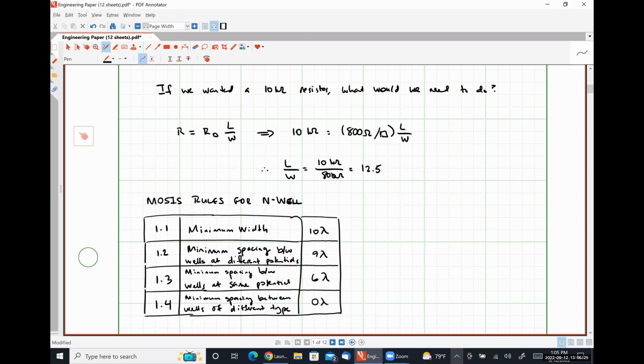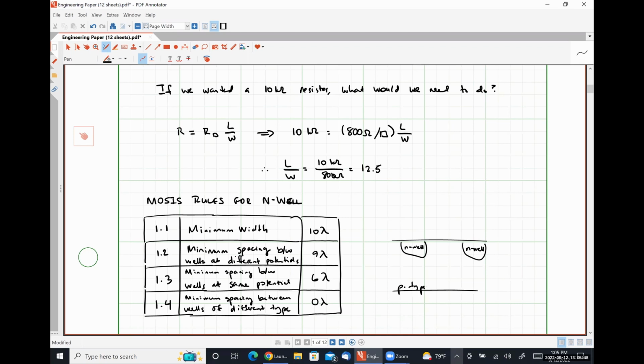All right, so why is the minimum spacing between wells at different potentials 9 lambda? Well, let's look at a picture here. So let's say that I have an N well here and an N well here, and this is my P-type substrate.